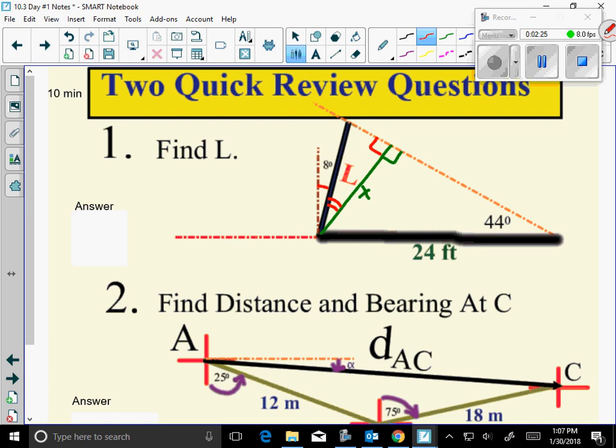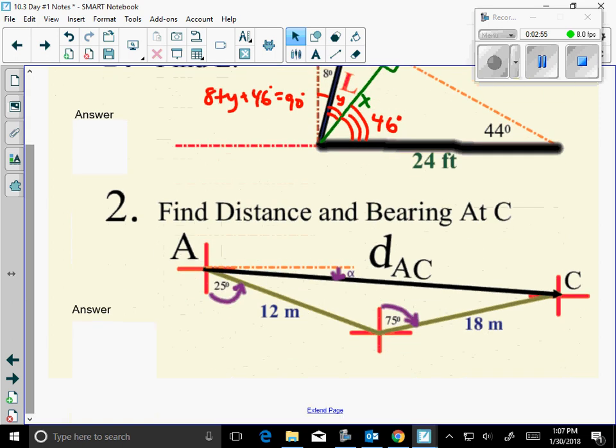Well, this would be 8. This would be what? This would be 46. So if we call this little angle here y, I know that 8 plus y plus 46 would have to equal 90. And so then I could find y, and I could use trig to find that hypotenuse L. Okay, so there's some right triangle tricks going on there, some of which you may feel comfortable with, some of which you may not, but we need to get there.